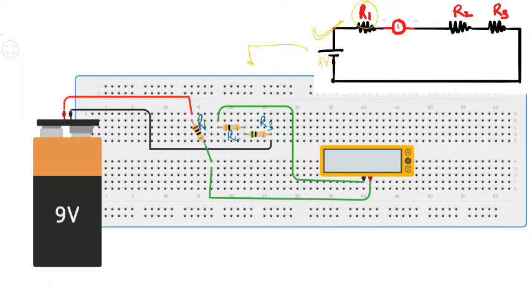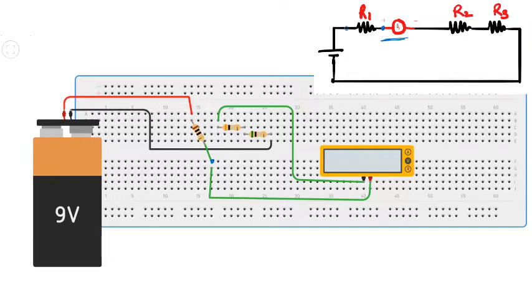Okay, so what I have done here is, earlier this resistance R1 was supposed to be connected in this column. But now I have taken one end of the resistance and connected it here. Same has been done in this diagram also.